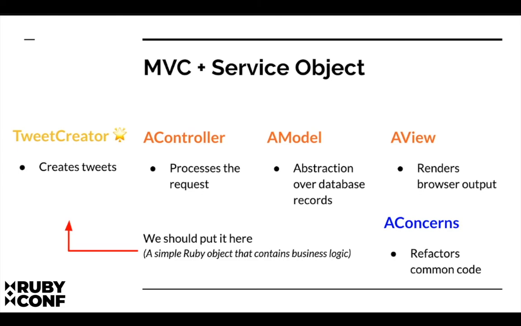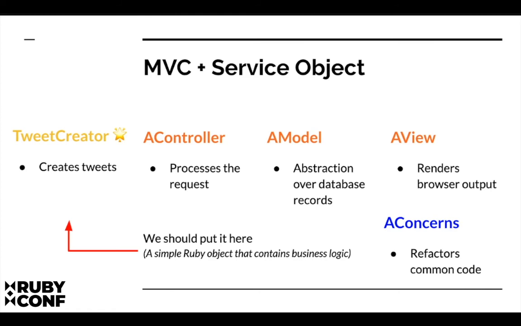It contains the business logic. It's a simple Ruby object which contains the business logic to create tweets. Now, this is a sample application, and I would normally not do this, like create a service object that creates tweets, but this is still a valid use case, and it's good for demonstration purposes.